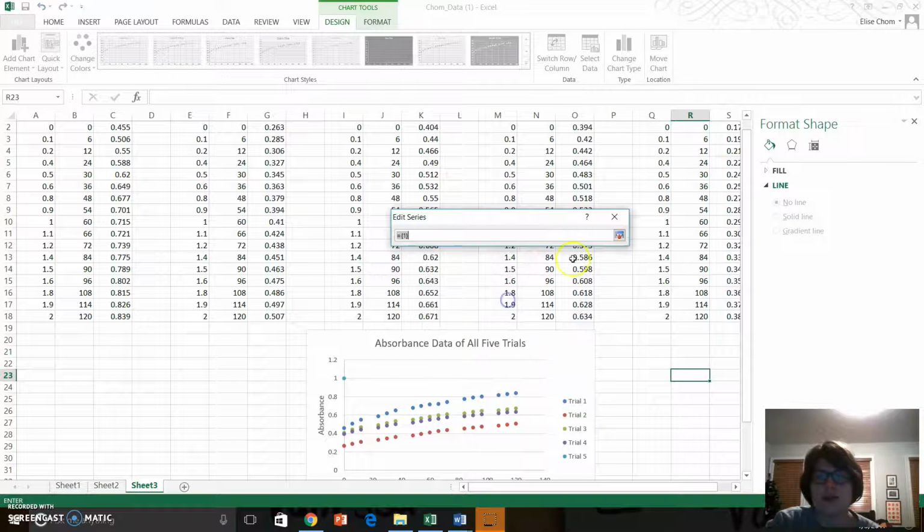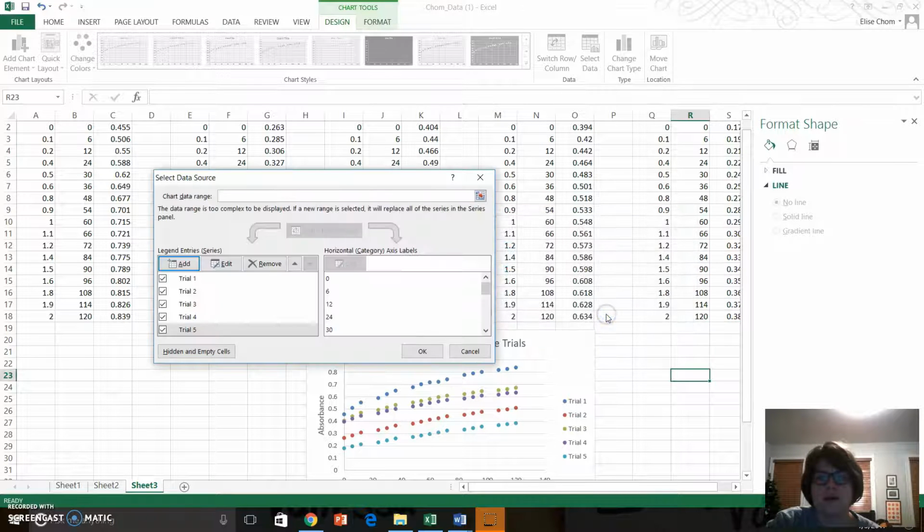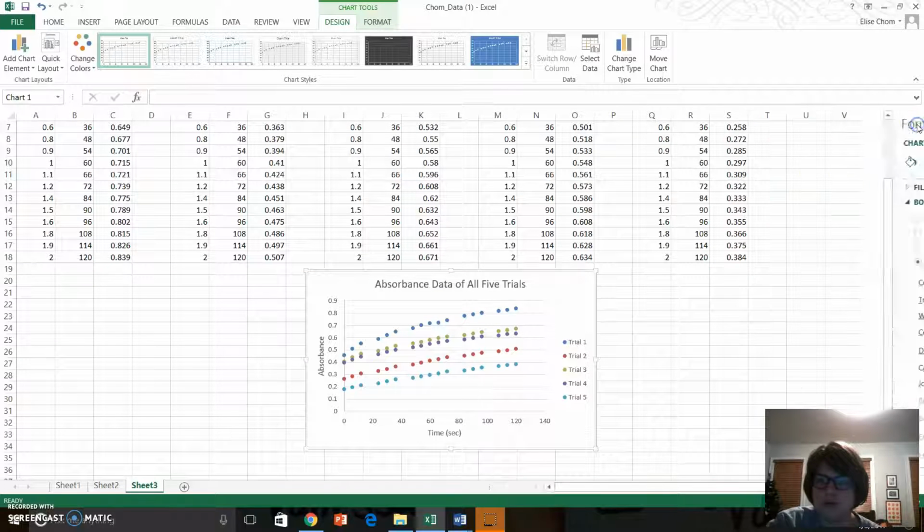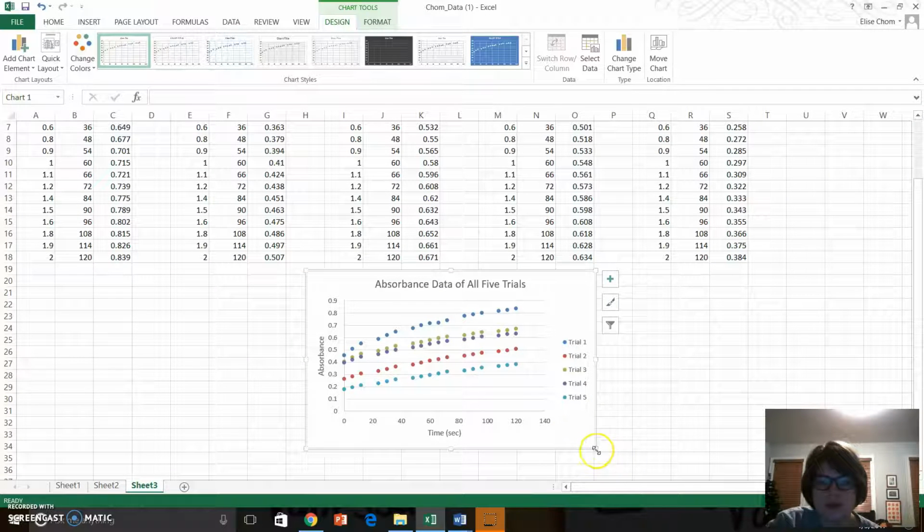And then I'm going to select my y. Now that I have all 5 on there, I'm just going to hit OK. Make this a little bit bigger.